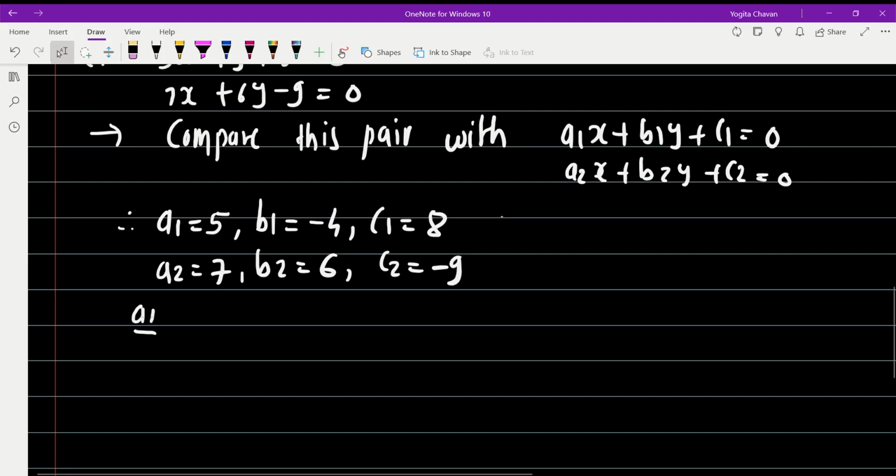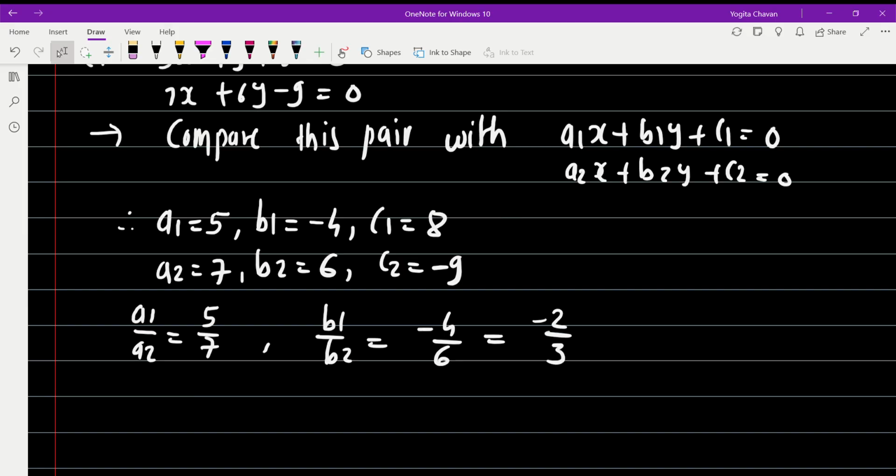Here a1 upon a2 is equal to 5 by 7, then b1 upon b2 is equal to minus 4 by 6, and 4 is same as 2 into 2 and 6 is same as 3 into 2, so it is minus 2 by 3. And then c1 upon c2 is simply 8 by minus 9, which is same as minus 8 by 9.